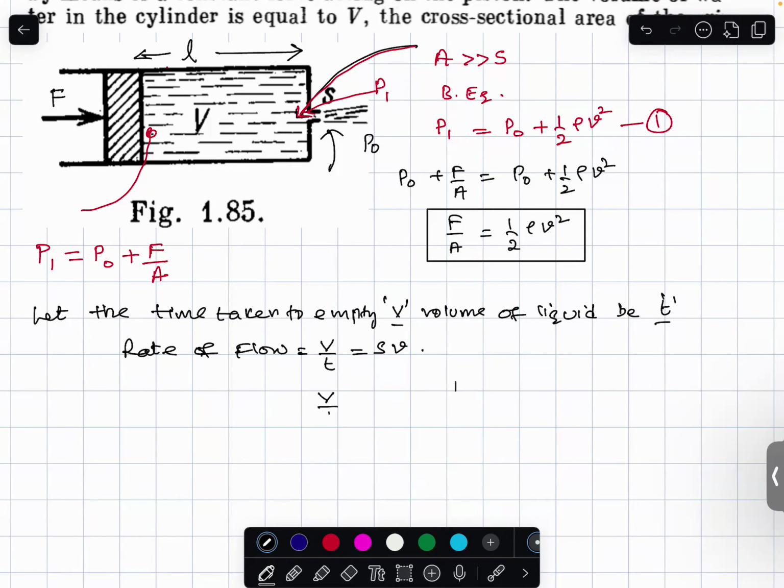V by T is equal to S V, where V is nothing but root of 2F by rho A. Okay.